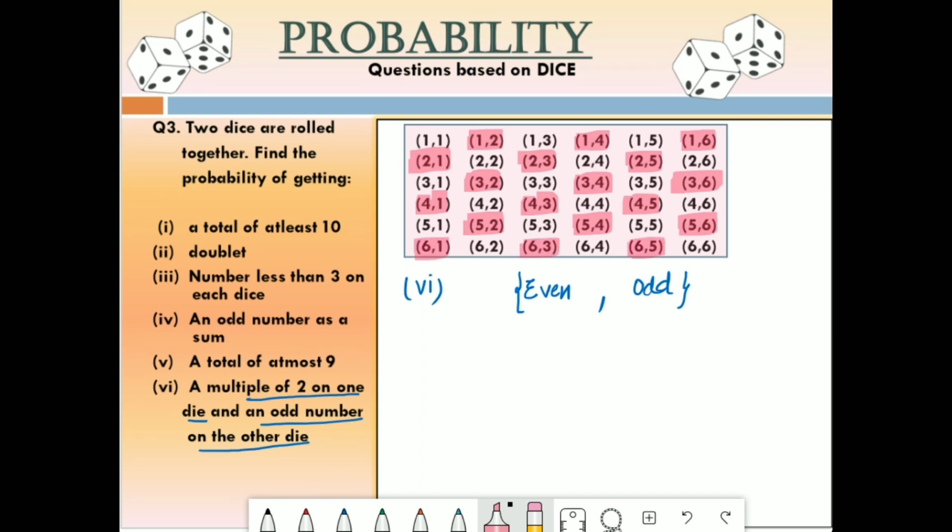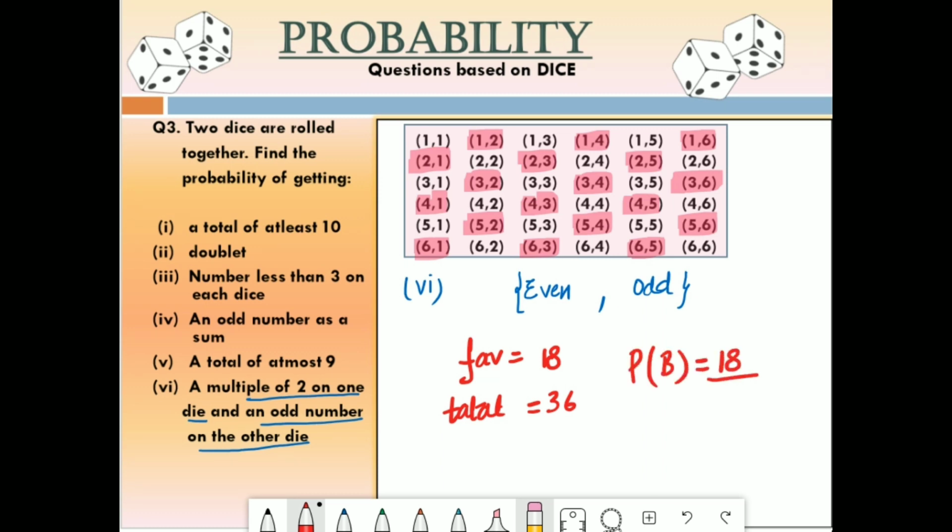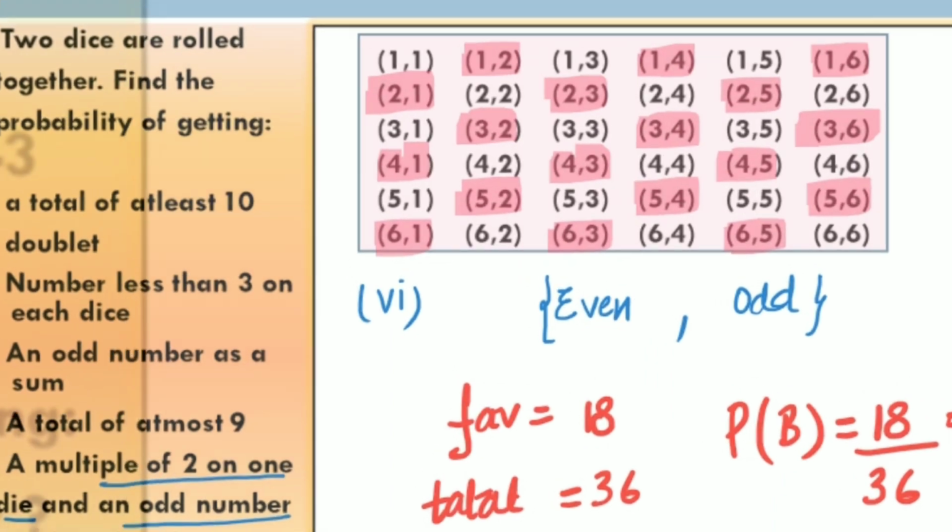Outcomes, out of which we have favorable outcomes equal to 18. So favorable outcomes is 18 and total outcomes is 36. So probability of this event will be 18 divided by 36, and we have to simplify this. So 1 upon 2 is the answer for this part.